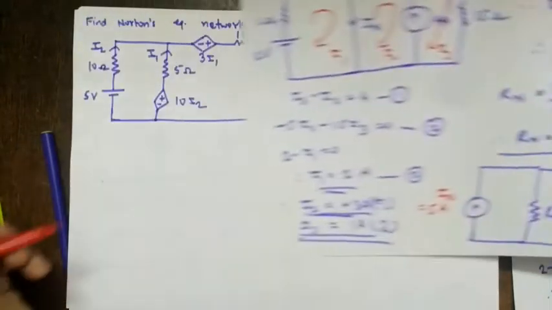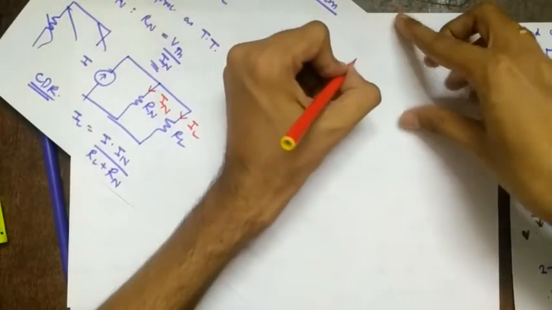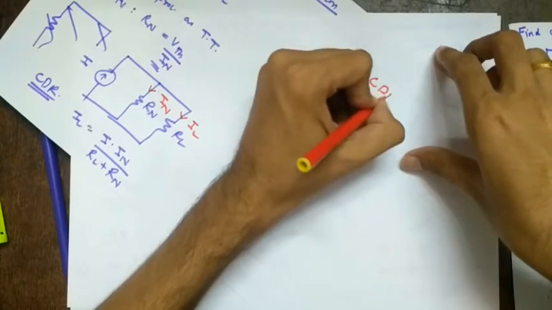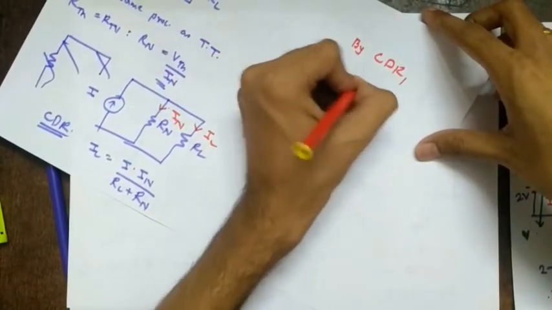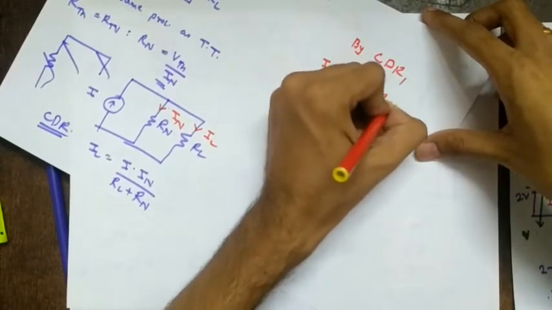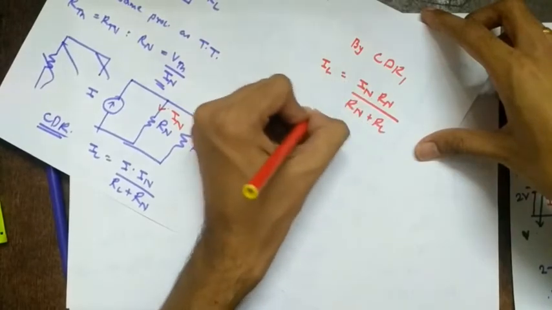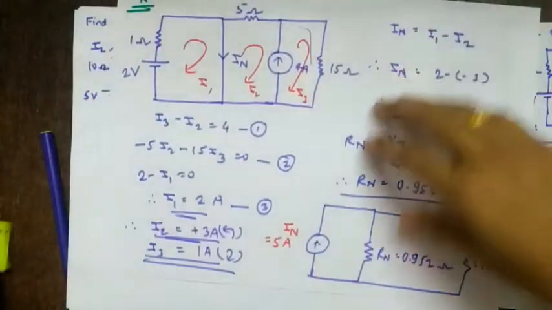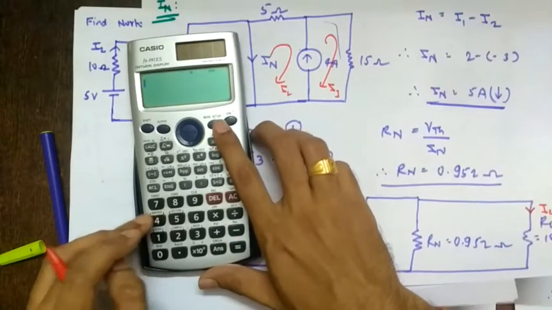So what will be by CDR? I'll write here by current division rule. IL equal to IN into RN upon RN plus RL. So what is IN? 5.